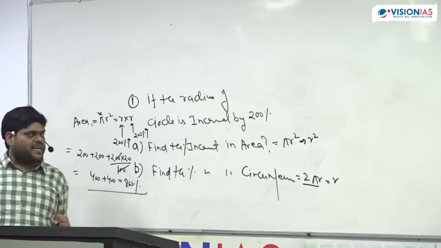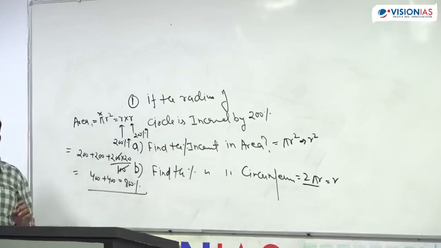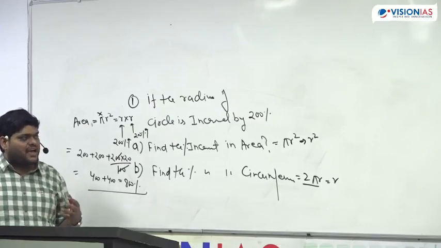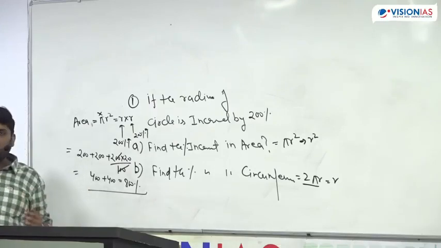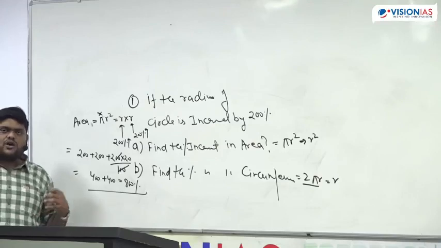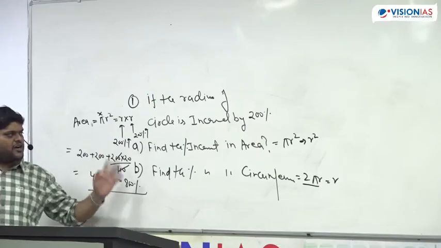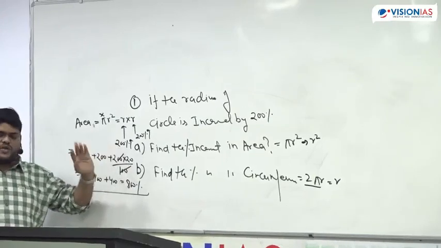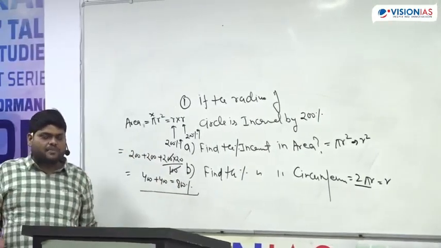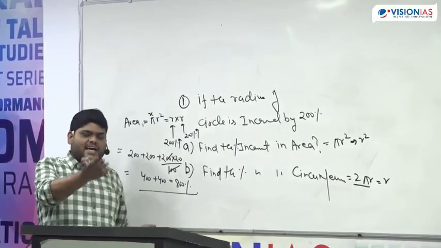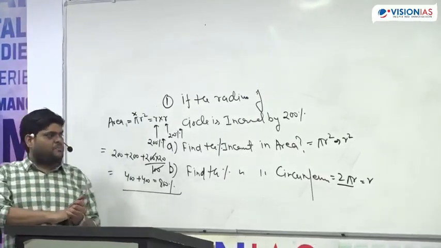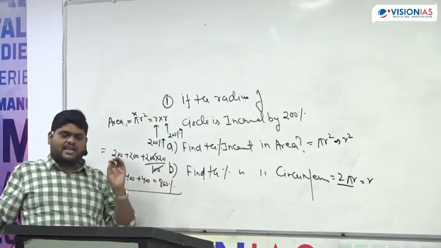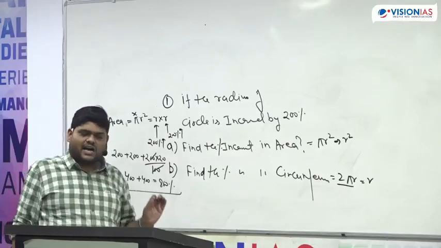The problem is, if I explain the same concept again and again, it becomes difficult for me and for you also to cover the concepts. So if you're not getting a concept, ask me right now, sir, I'm not getting this one, explain this. If you ask after some time, going back and explaining is really difficult for me and for you also. So the first answer will be 800%, and many of you have given the correct one.